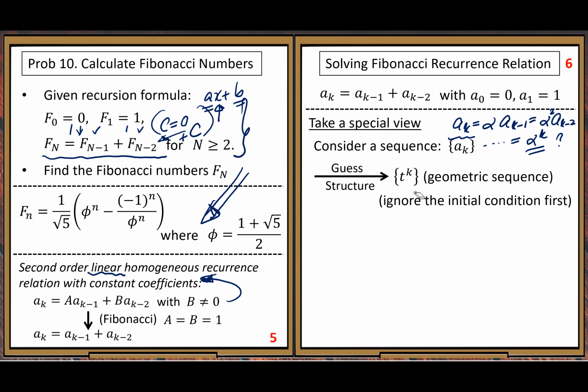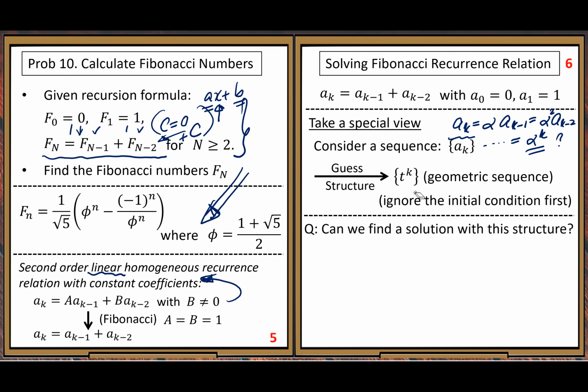All right, so ignore the initial condition first. When we try to find a solution, let us delay the initial condition part and only work on the main part.